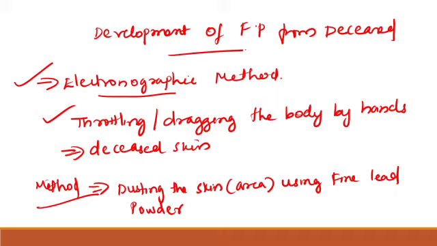After dusting the area, the surface is irradiated with a hard X-ray beam which passes through a series of filters like copper and aluminium to remove the soft components of the irradiated X-ray beam, and the electrons emitted by the lead atoms affect the X-ray film placed on top of the object, giving rise to the developed print. And this technique is also useful even on living skin.